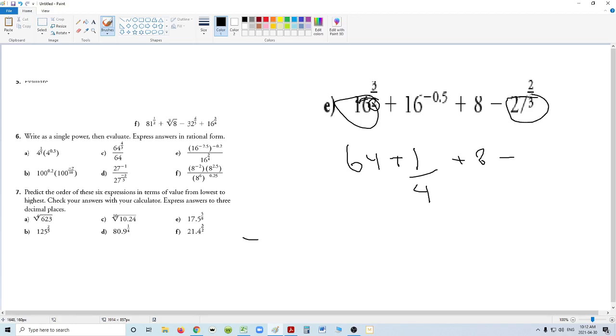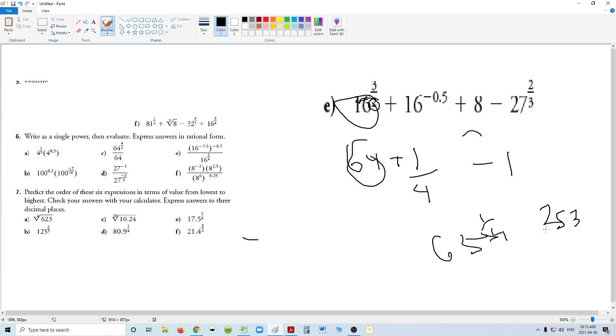The cube root of 27 is 3. The square of 3 is 9. So you get 64 plus 8 minus 9. So you could even shorten this to minus 1. So you get 63 and a quarter. And yeah, I could put that in fractions if I wanted to. It's 252 plus 1 over 4. I think that's it.